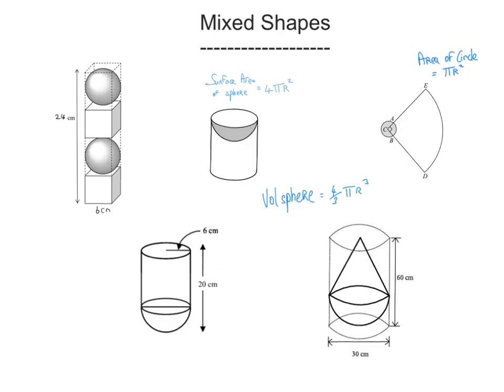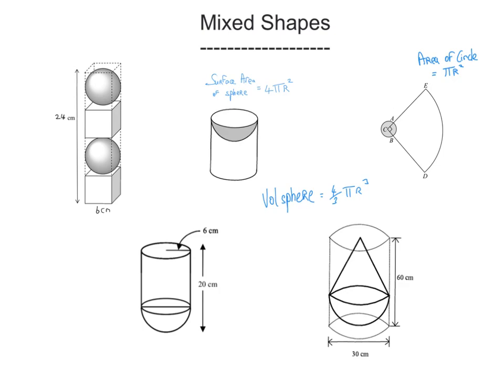So on this page I've given you examples taken from exam questions over the years. These are all mixed shapes, I call them. Now, as I said before, to get most of the marks in an area or volume question, all you have to do is correctly recognize what all the shapes are.